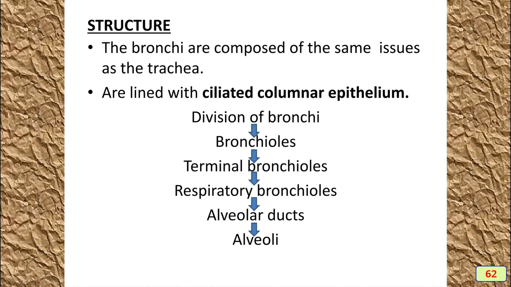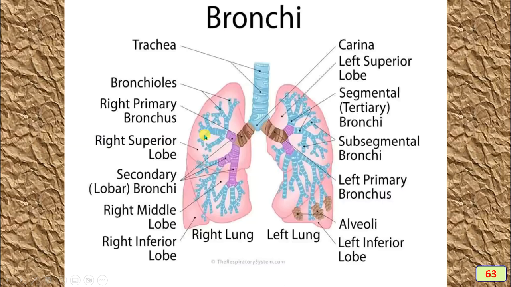Usually the windpipes are lined with ciliated columnar epithelium. They divide into bronchi or bronchioles, terminal bronchioles, then respiratory bronchioles, ultimately alveolar ducts, and finally the alveoli. Air enters passing through all these routes.